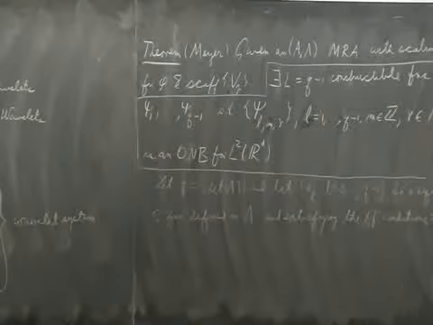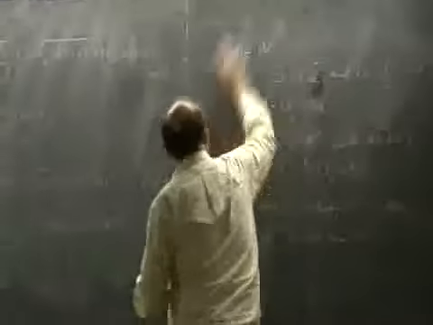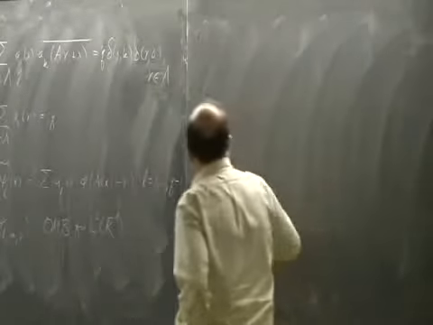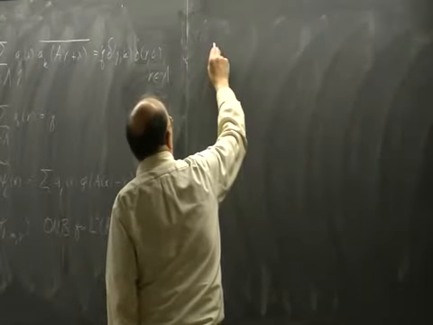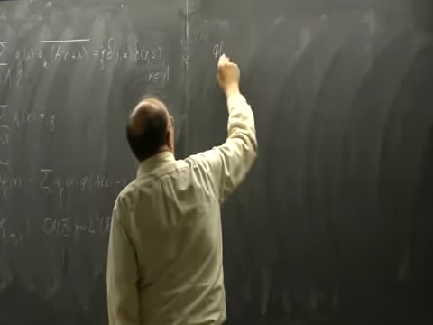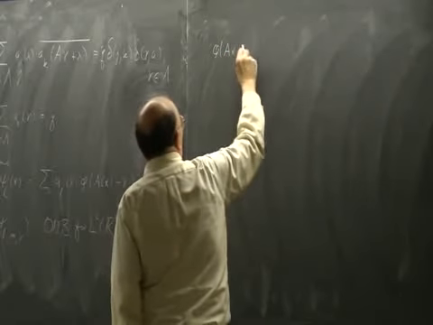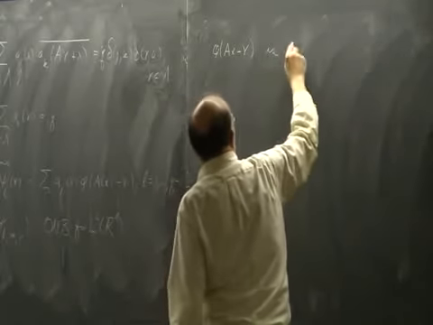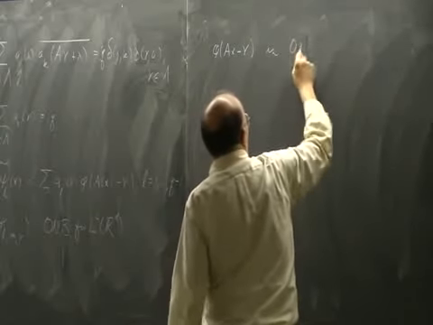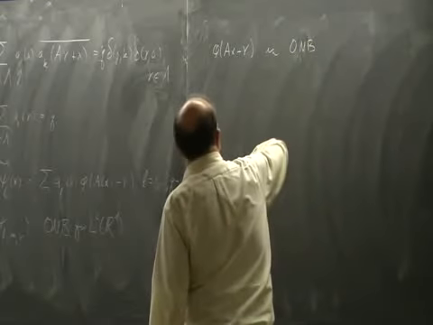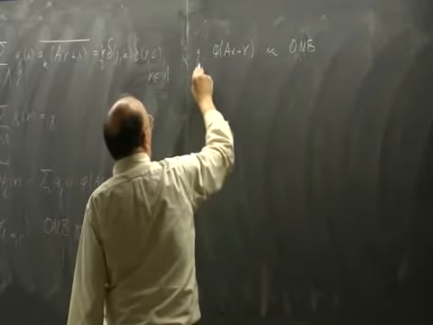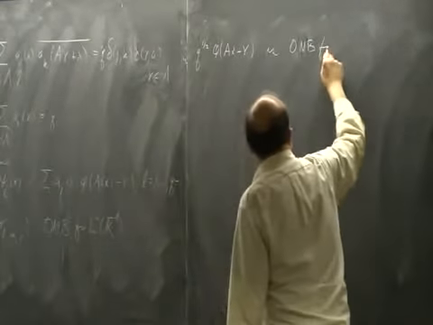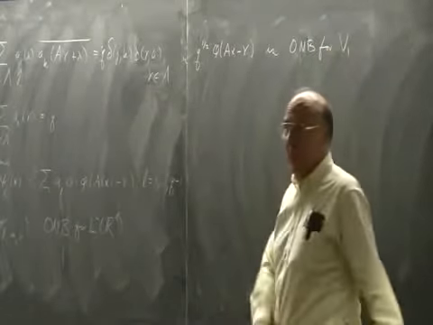Then what we know is that, properly normalized, with a Q to the 1/2 here, this is an orthonormal basis for V1.